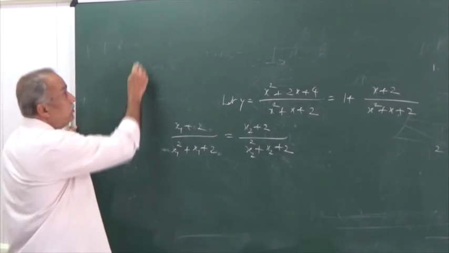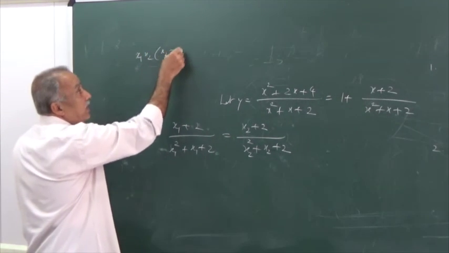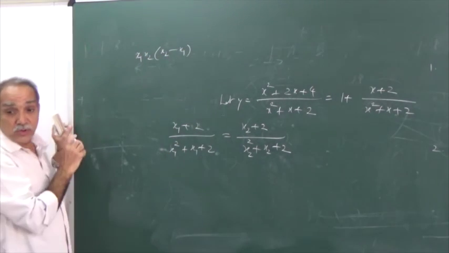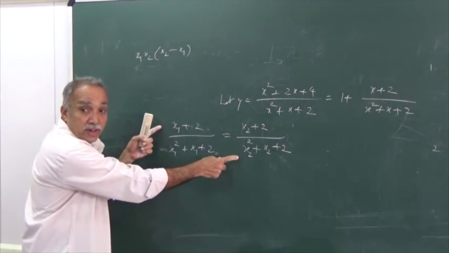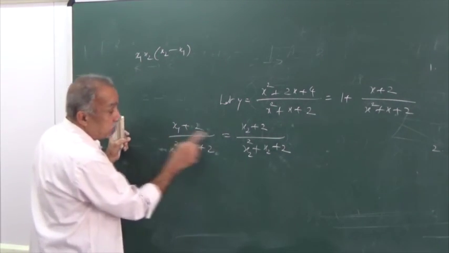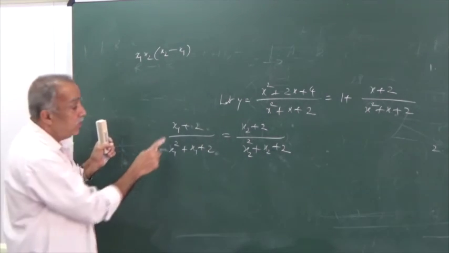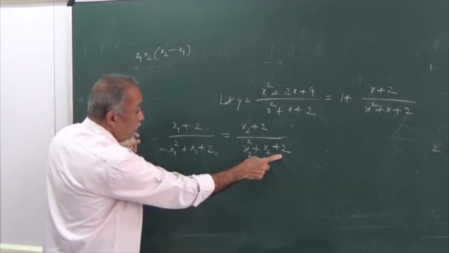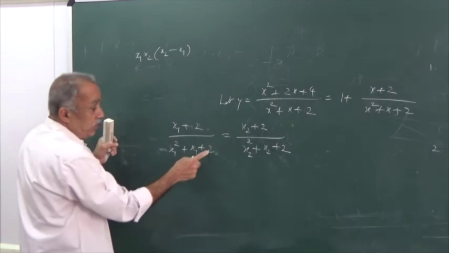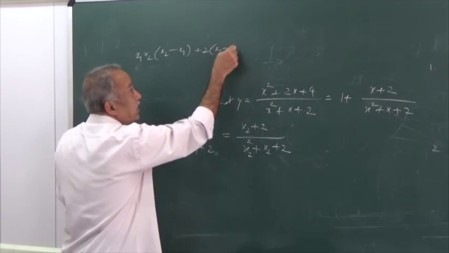I will club the two terms, write x1 x2 into (x2 − x1), bringing all the terms to this side. x1 x2² − x2 x1². Then x1 into x2, x1 into x2 cancel. x1 into 2, x2 into 2 is 2 into (x1 − x2).